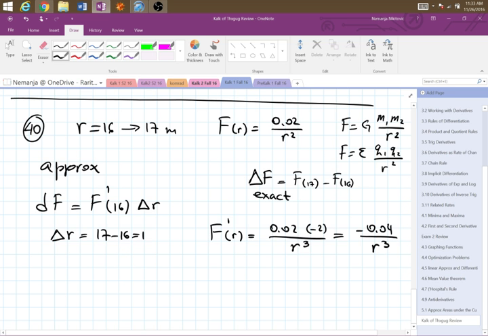So here's our derivative. So df is equal to negative 0.04 divided by r cubed, which is 16 cubed, times 1.